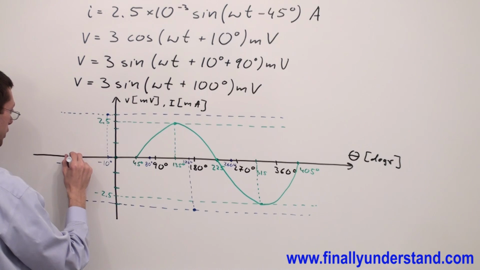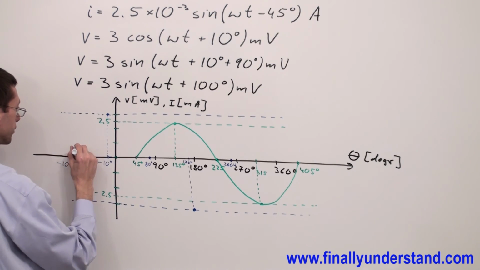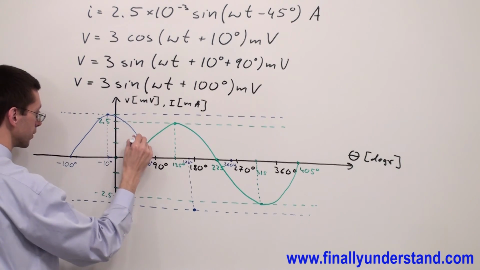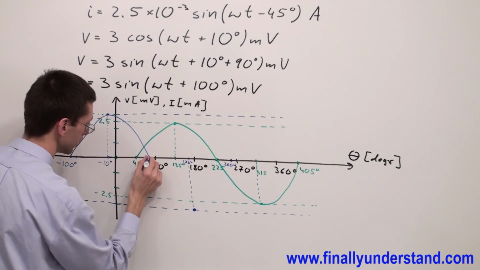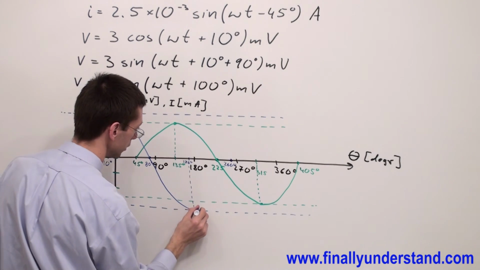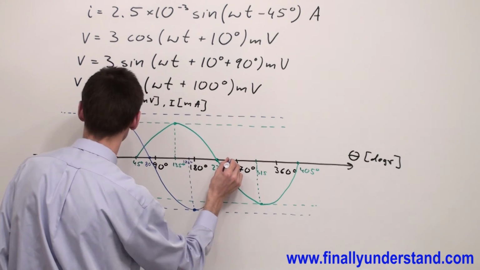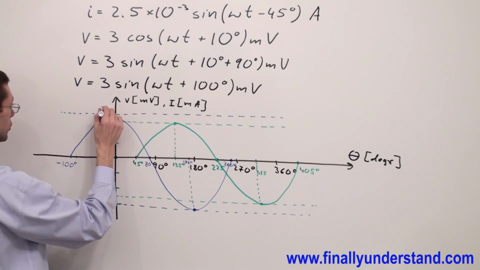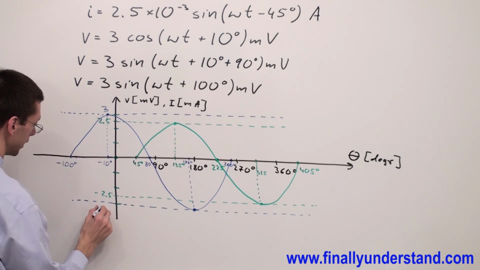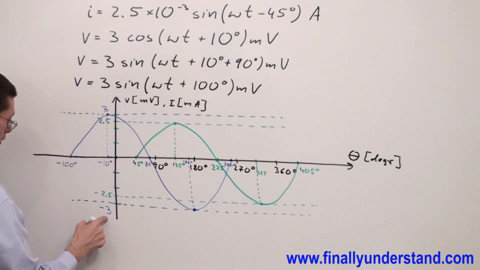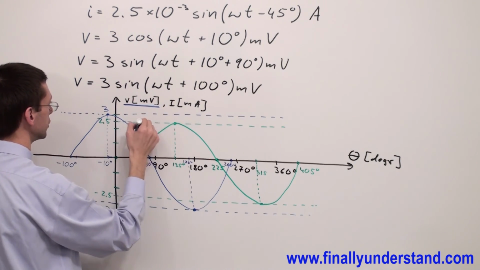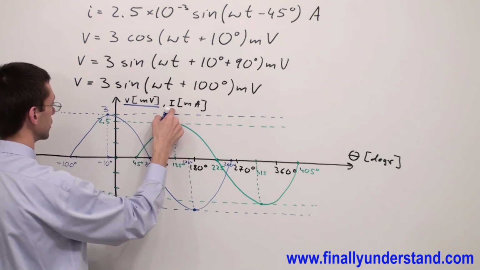Next I'm supposed to connect all these points together. This is 3 millivolts and this is negative 3 millivolts. Keep in mind that the blue color represents the voltage and the green represents the current.